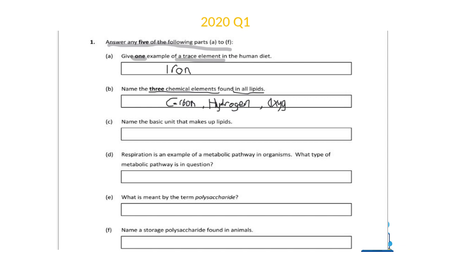And do not get mixed up with protein in this case, because there's 4 elements found in all protein, whereas in lipids, we've got the 3 elements, so carbon, hydrogen, and oxygen.